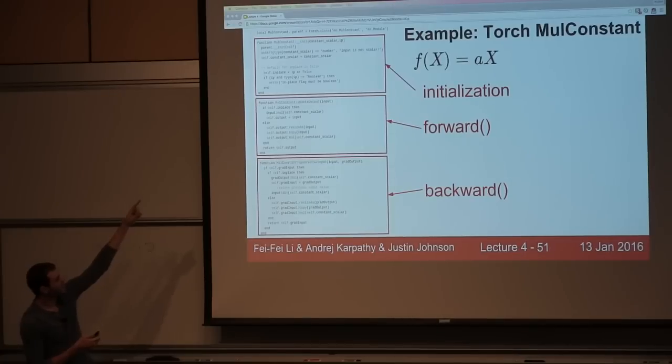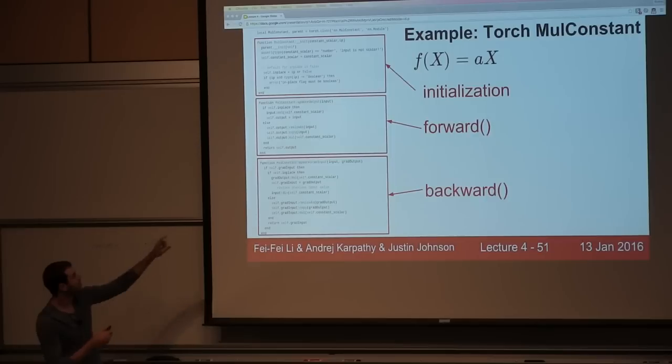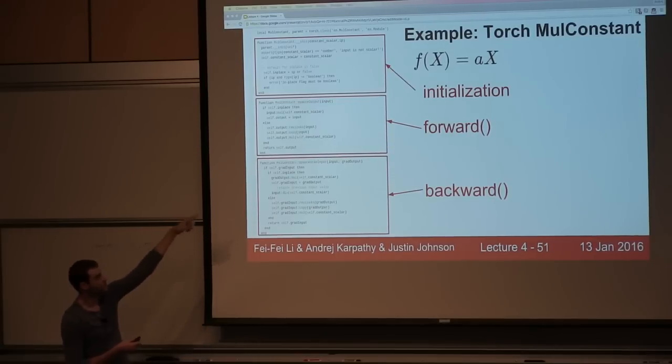This layer actually has just 40 lines. There's some initialization stuff. This is Lua, by the way, if this looks foreign to you. There's initialization, where you pass in that a that you want to use as your scaling. And then during the forward pass, which they call updateOutput, all they do is multiply a times x and return it.